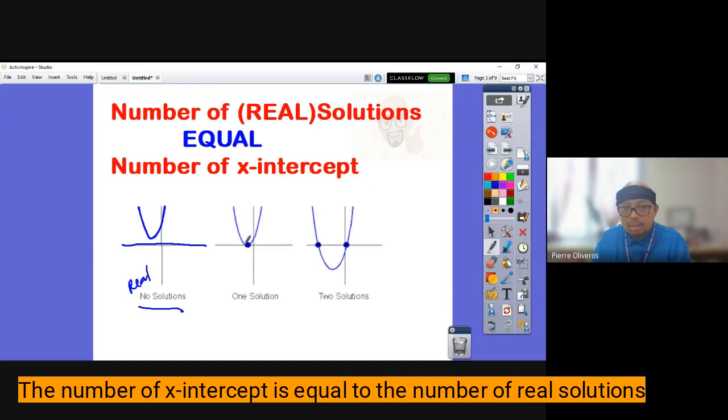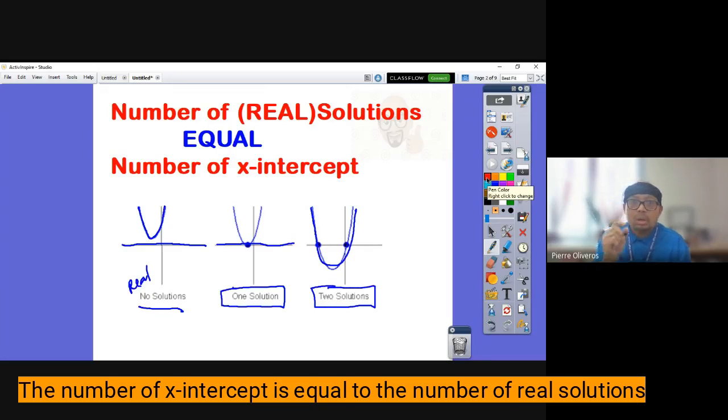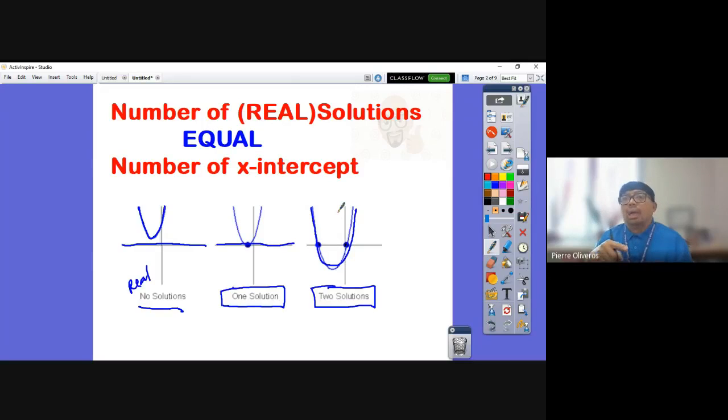And there are times the parabola will touch the x-axis tangent to it, crossing only one time, so that is called one solution. And there are times that the parabola crosses twice, and there will be two solutions. The solutions are the x-intercepts of the parabola. So whether it opens upward or downward, there could be zero solutions, one solution, or two solutions.